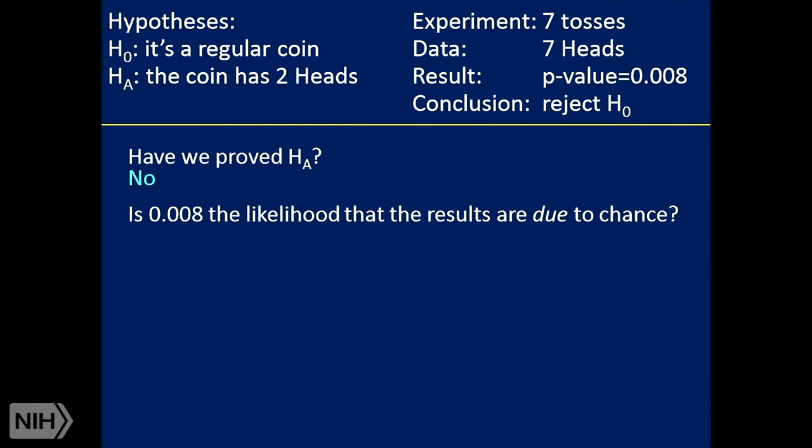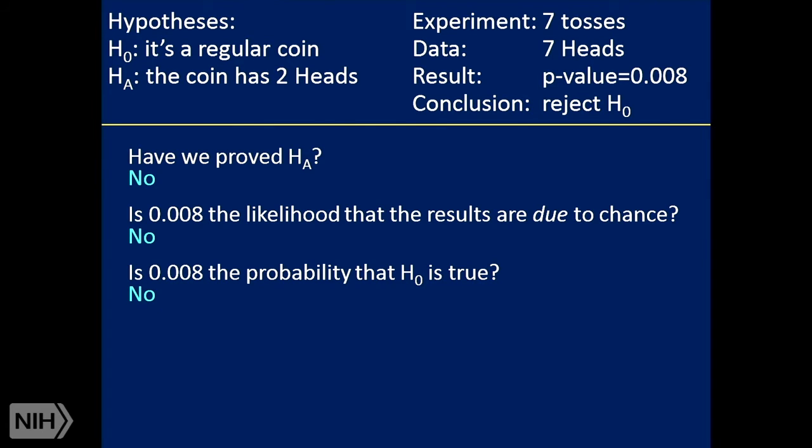Is 0.008 the likelihood that the results are due to chance? And the answer is no. It is the chance of getting what you got. Is 0.008 the probability that H0 is true? No. It's not the probability that H0 is true.